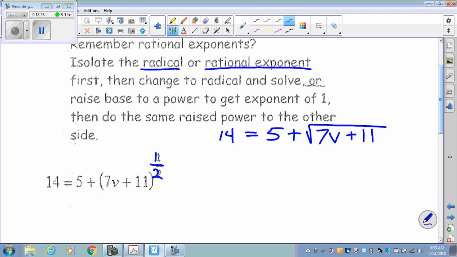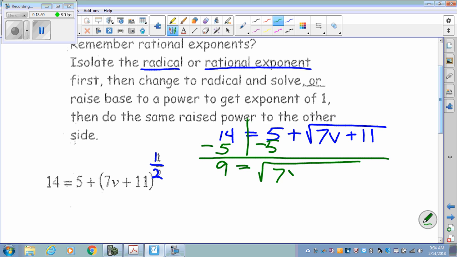All right, and then I would just solve it just like I did. I want to isolate the radical because that's where my variable is. So I'm going to get rid of this 5 because it is the furthest away. All right, so I'm going to subtract it, and I get 9 equals the square root of 7b plus 11. Now I have the radical isolated, okay?